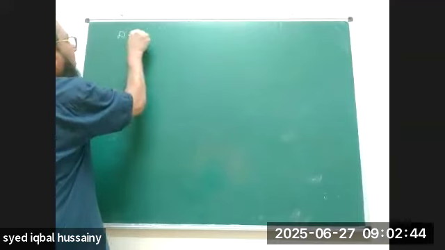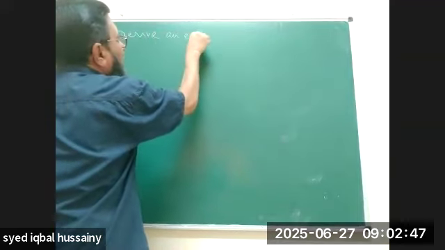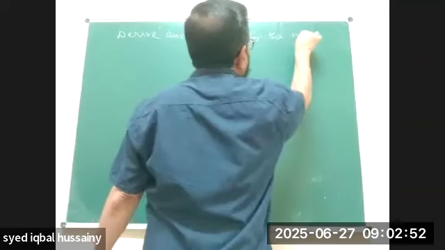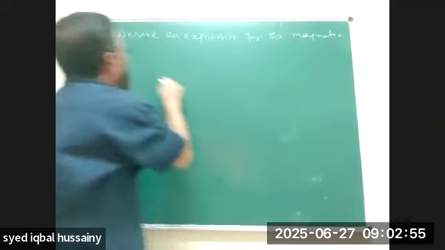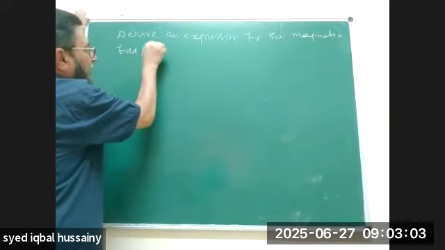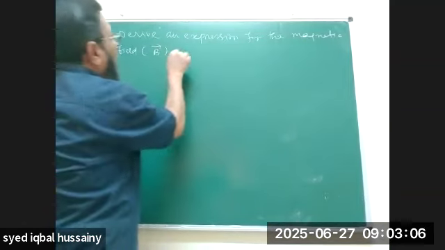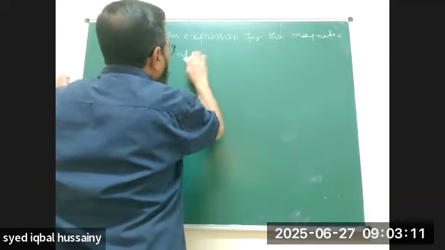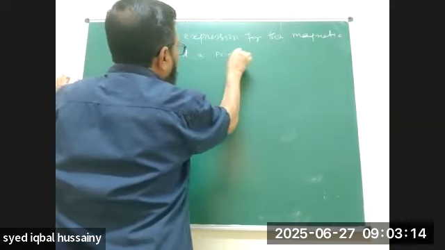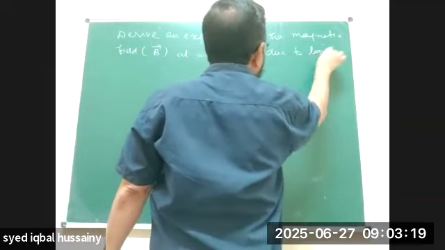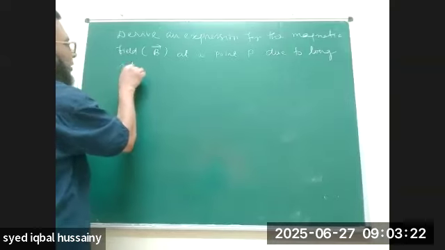Derive an expression for the magnetic field at a point P due to a long solenoid.